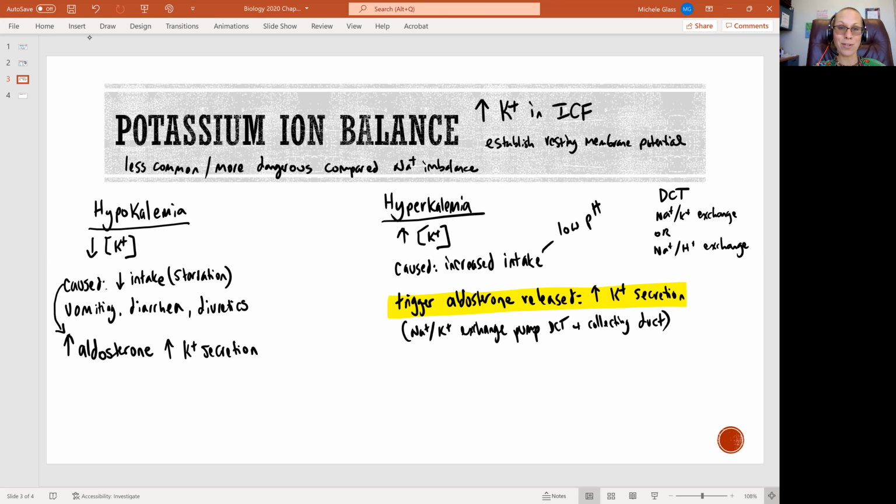They're competitive for each other. So if you have a low pH and you're having to get rid of a lot of hydrogen ion, then what happens is you secrete hydrogen ion instead of potassium.